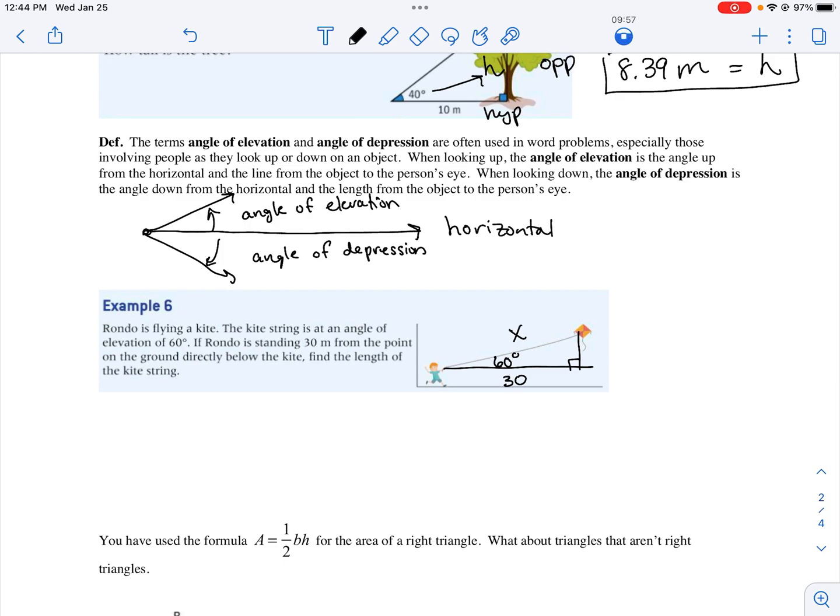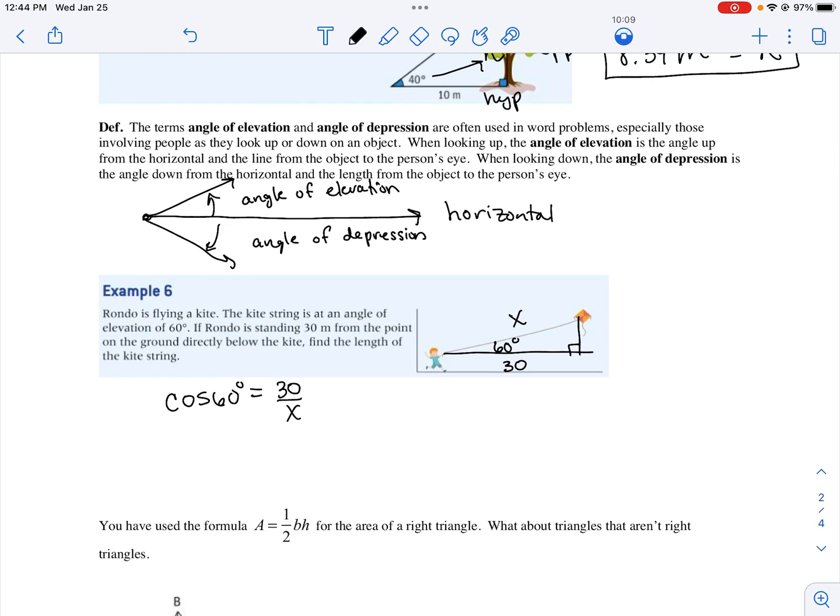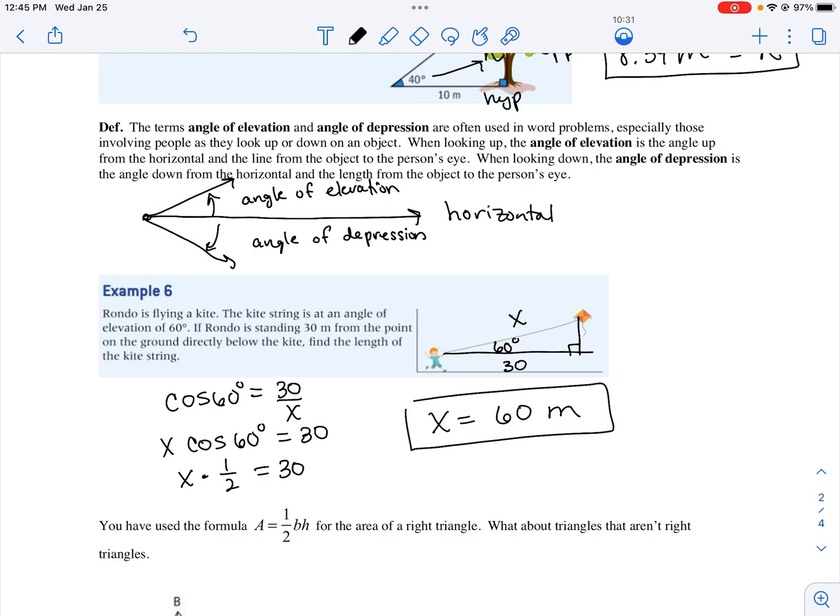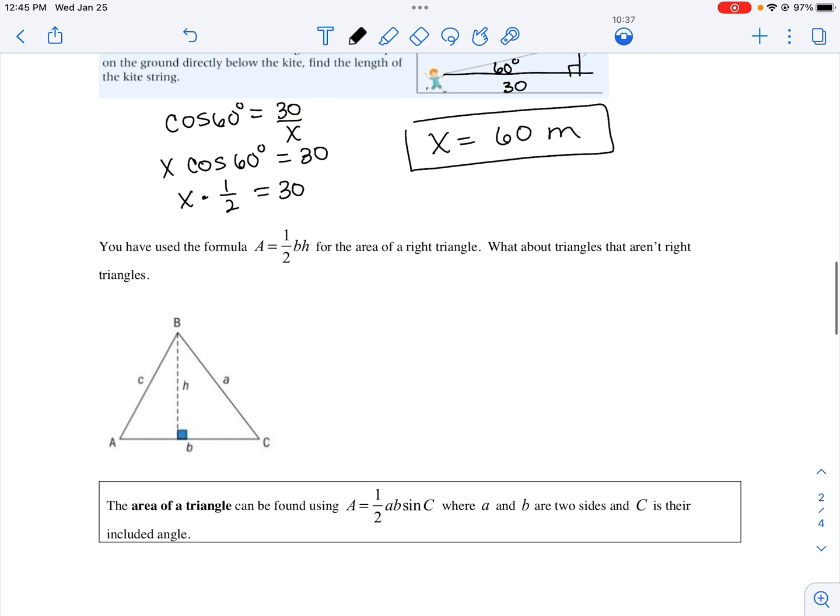Well, I have the adjacent and the hypotenuse, so I'm going to do cosine 60 equals 30 over x. If x is in the denominator of your fraction when you're using SOHCAHTOA, multiply both sides by that variable. And, hey, what's cosine 60? That's one of our special right triangles, isn't it? That's 1/2. Multiply both sides by 2, and x would be 60 meters. Remember that? Cosine 60 is 1/2 from our chart.